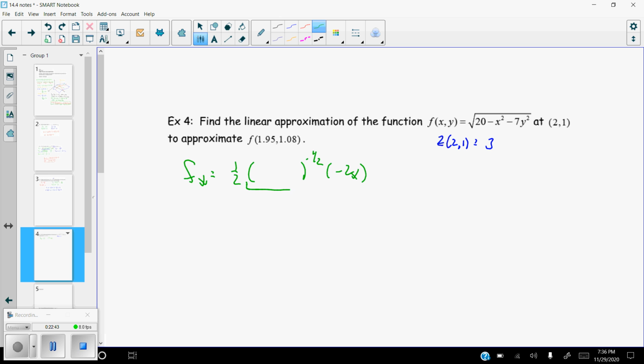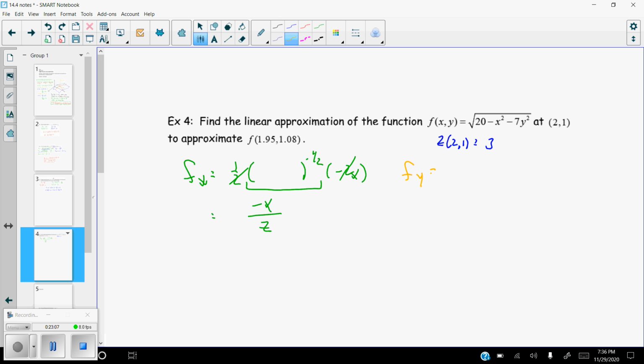All of this is really just going to be 1 over z, and these 2's are going to cancel out. So really what we're going to get is negative x over z. If you cannot see that, that's fine. Write everything out and plug it all in. It's going to lead you to the same place. This is just a small shortcut if you can see it.